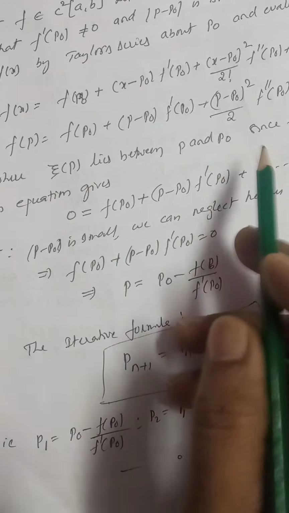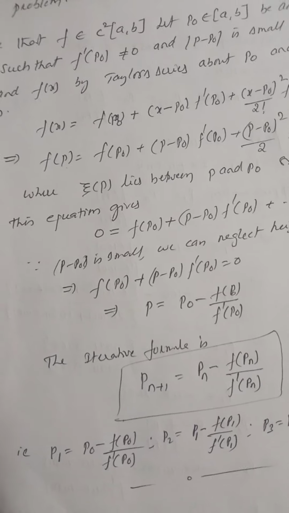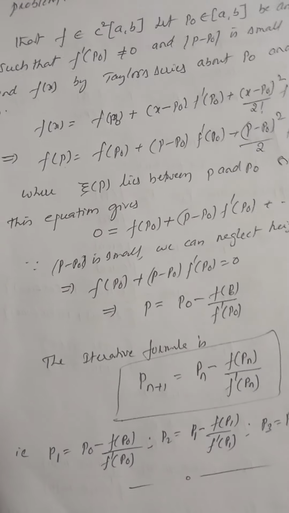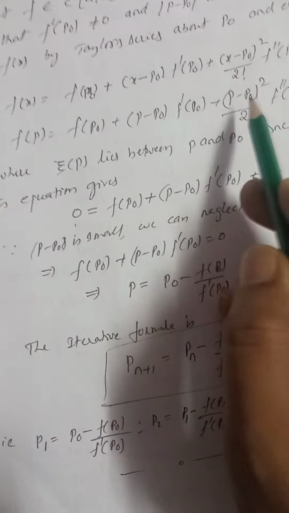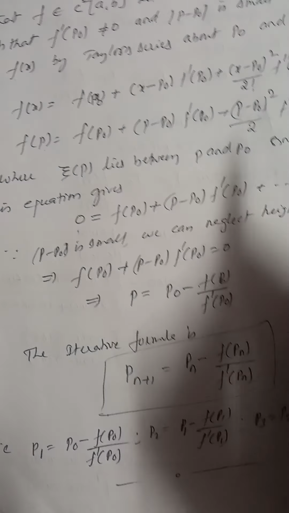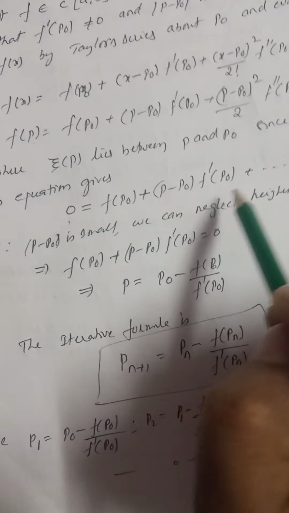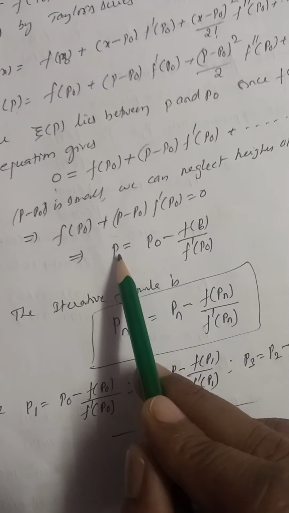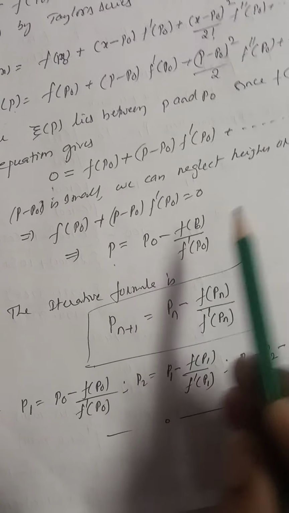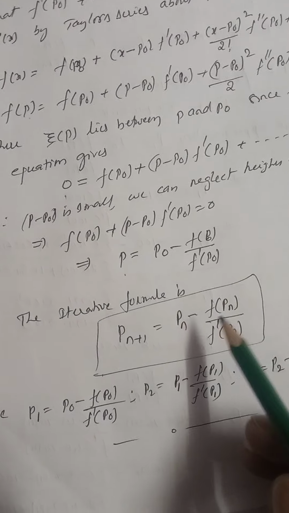Now since p is a root of the given equation, f of p is equal to 0. Here in the place of f of p I am writing 0. We are neglecting second and higher order derivatives. Now f of p naught plus (p minus p naught) into f dash of p naught is equal to 0. Now if you solve for p here, p is equal to p naught minus f of p naught by f dash of p naught. This is the condition.